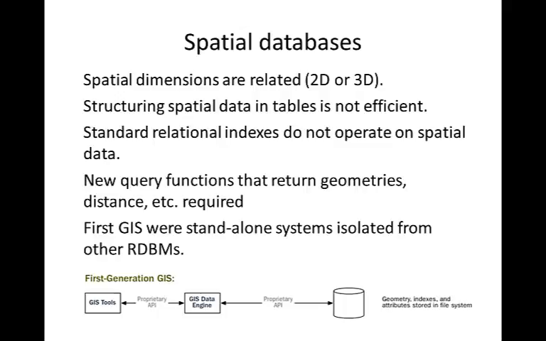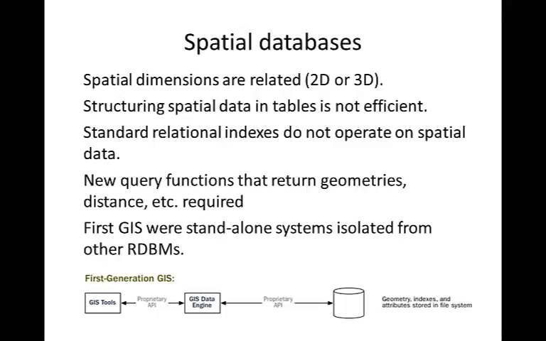So when GIS began, late 60s, the end of the 60s, roughly at the same time that the relational model was starting to arrive, this diagram shows the basic architecture of a GIS. Basically the relational model wasn't any good for storing the geometric data.